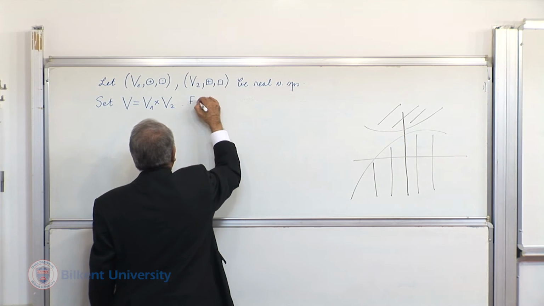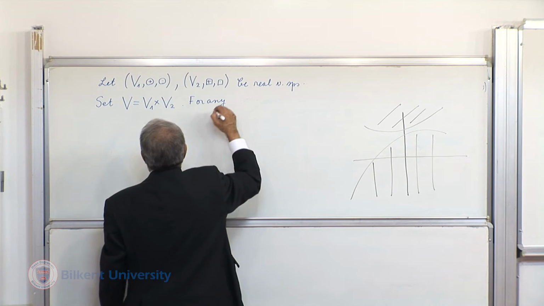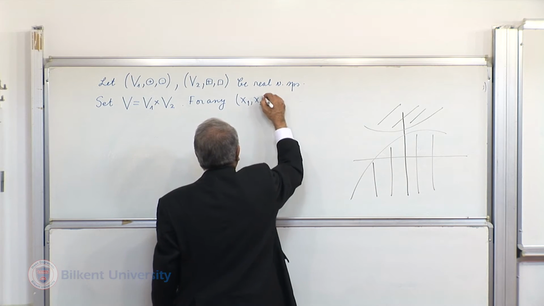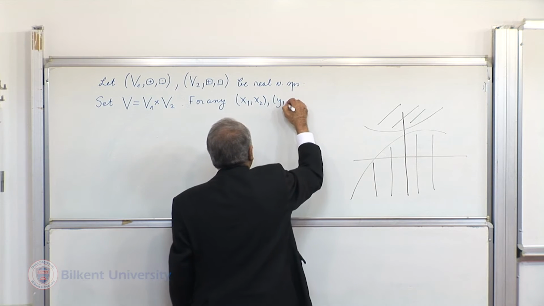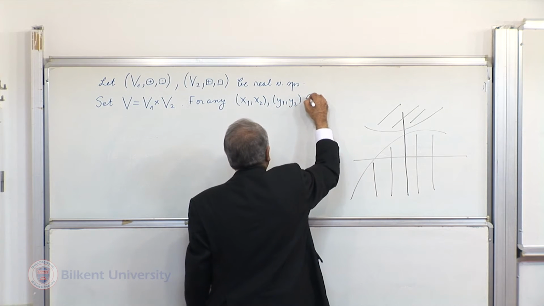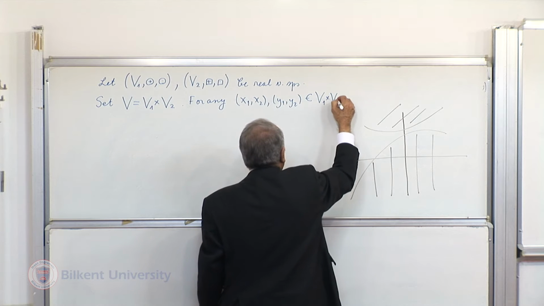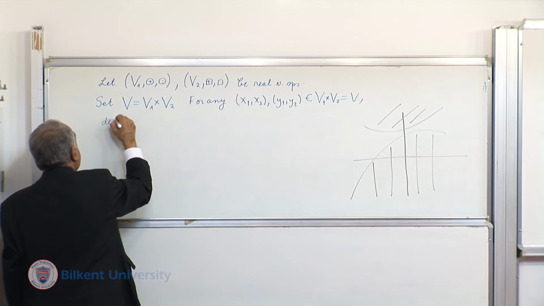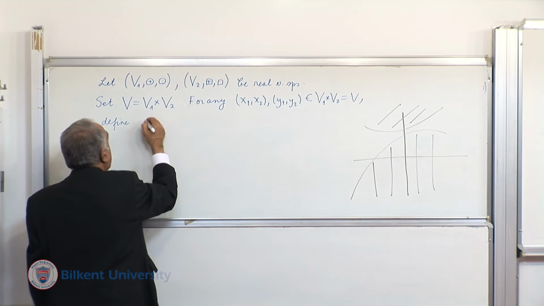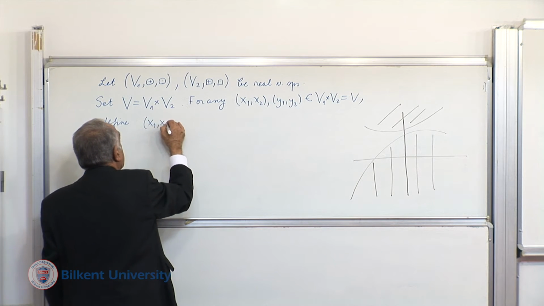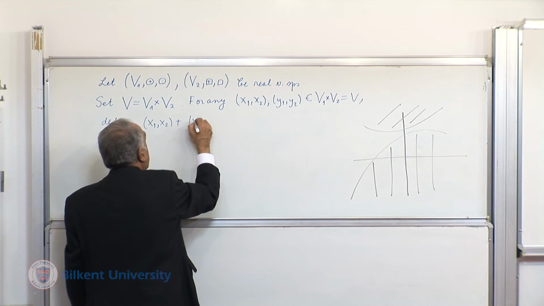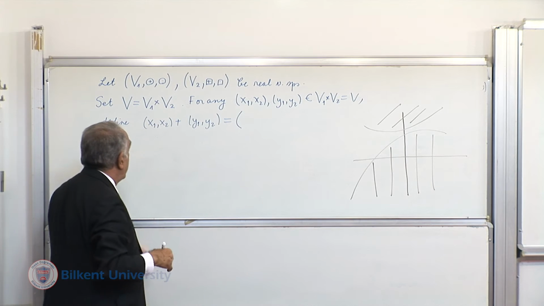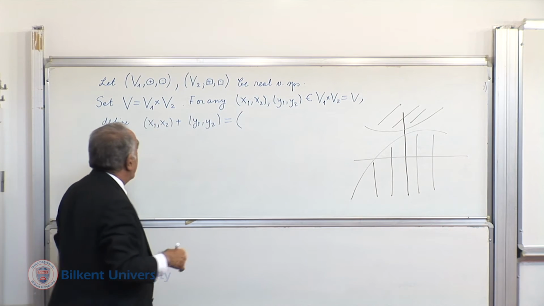For any (x1, x2), (y1, y2) in V1 cross V2, that is in V, define (x1, x2) plus (y1, y2) as follows. x1 and y1 are in V1.